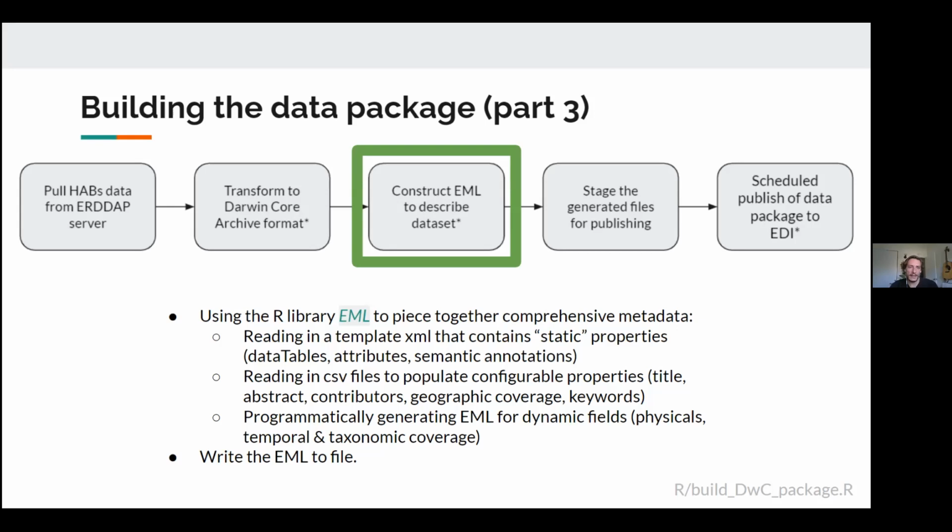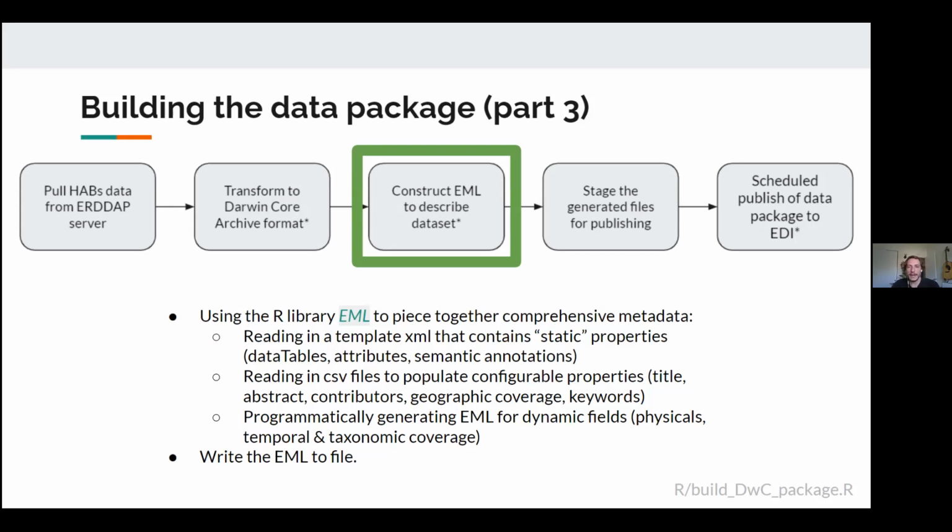So things like how the data tables are structured, the attributes they contain, annotations, things like that, where unless I was making explicit changes in my script during the transformation step, these aren't going to be changing. So in reading in this base template, it gives us a good object to build off of from there.